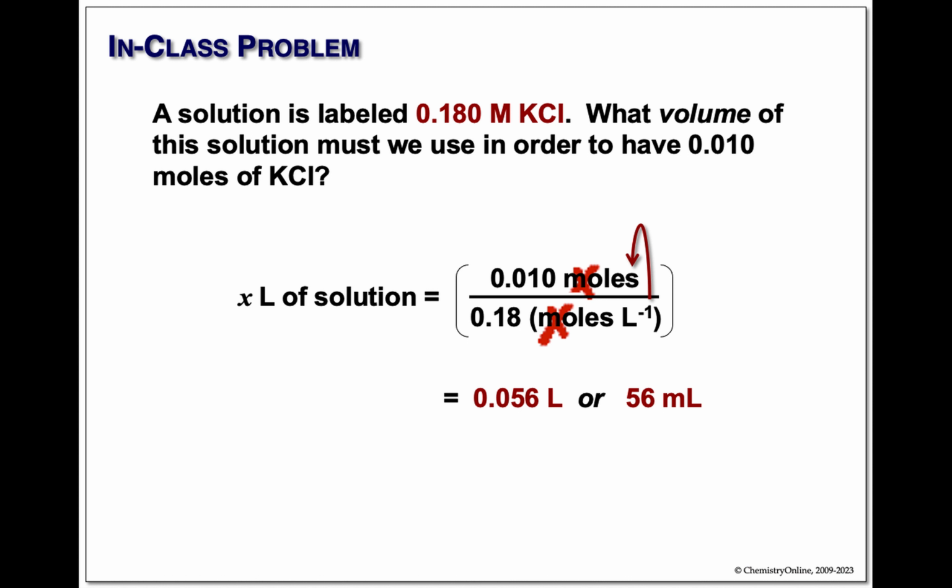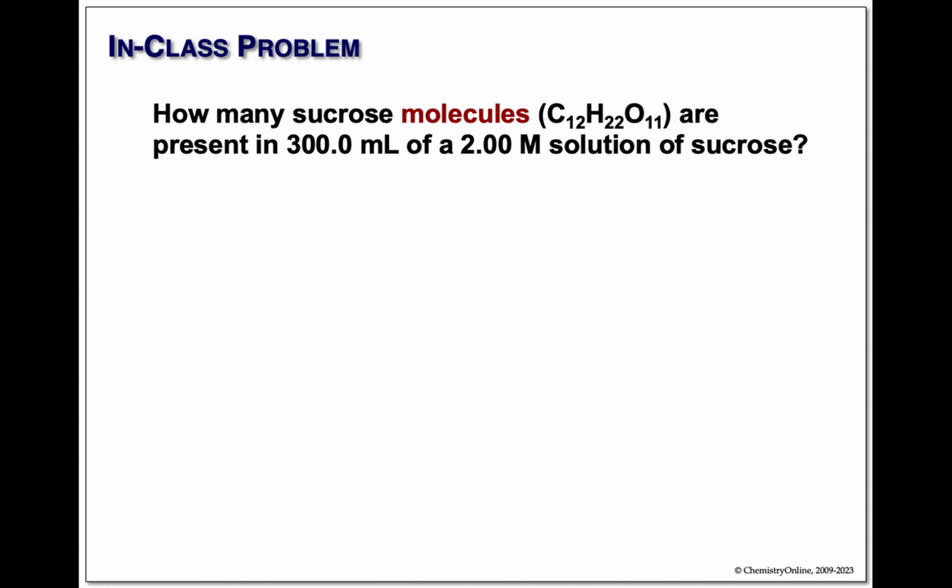Since we're dealing with moles, we can also do all sorts of other things. How many sucrose molecules in 300 mL of a 2-molar solution? Well, how do we get molecules?